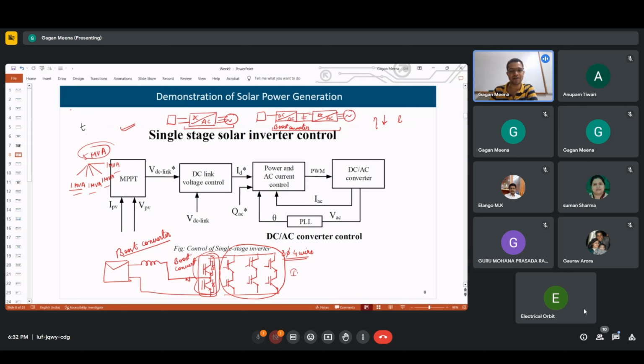This is connected to the rotor, and this is connected to the stator, and then we have a grid here. This converter we also have to control so that we can extract maximum power and then feed the power.